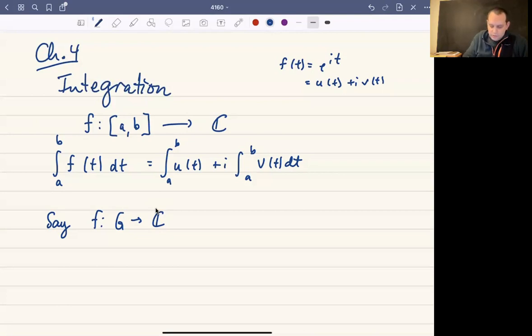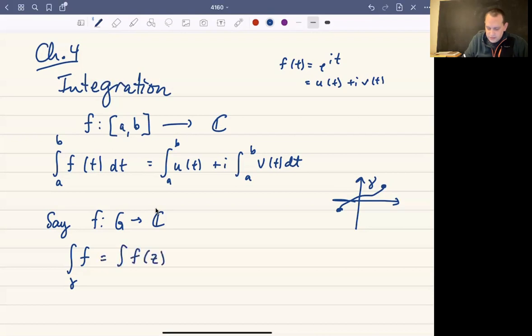So what we're going to do is we're going to define the integral of f over gamma. Remember that we're abusing notation slightly. We use gamma to denote not just the curve itself, so the geometric object, but also the equation that expresses that curve. And so the integral over this curve gamma, we might write it as the integral of f over gamma. We might write it as the integral of f of z dz, where the integral is over gamma.